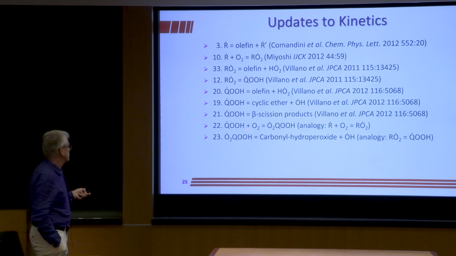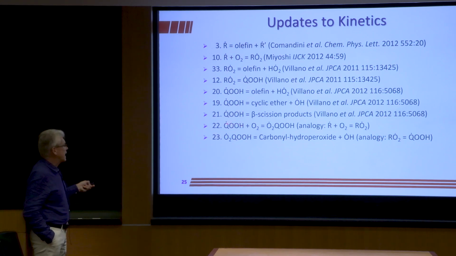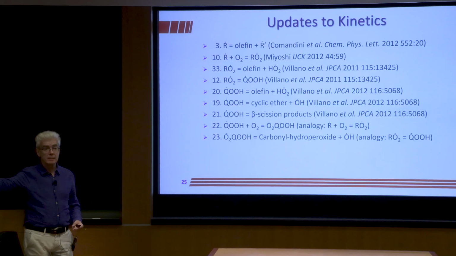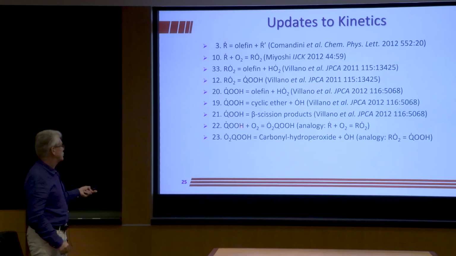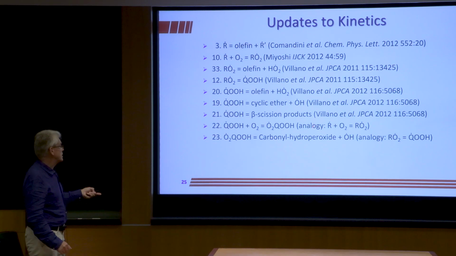And then, as I said, this hydroperoxy alkyl radical is just an alkyl radical with an OOH group on it someplace, but essentially, to all intents and purposes, it behaves like an alkyl radical. So why don't we treat that like R plus O2 giving RO2, okay? And it's by analogy.